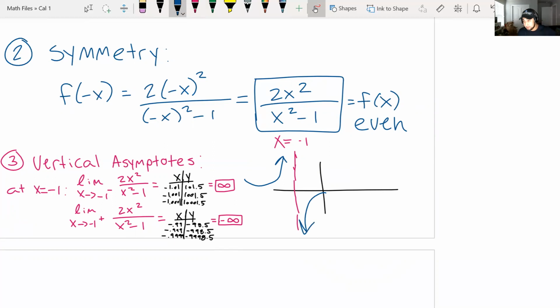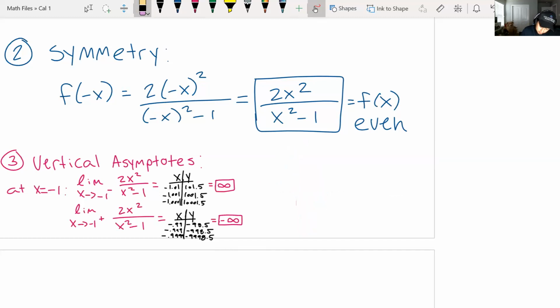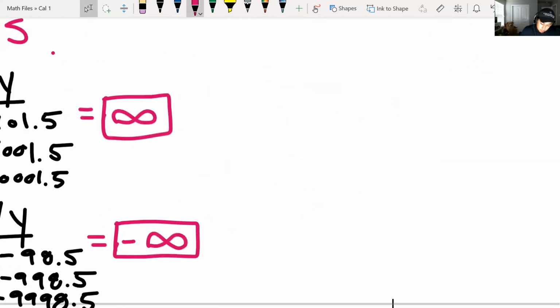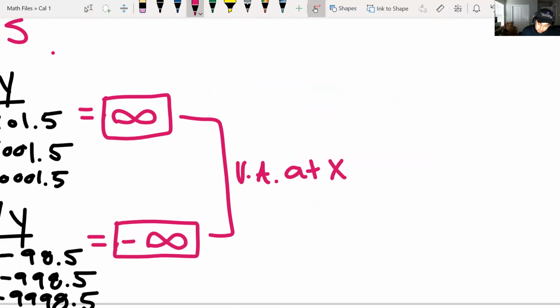This verifies by limits that there is a vertical asymptote at -1. So, put it together: vertical asymptote at x equals -1.